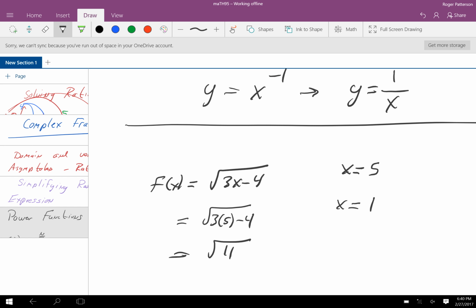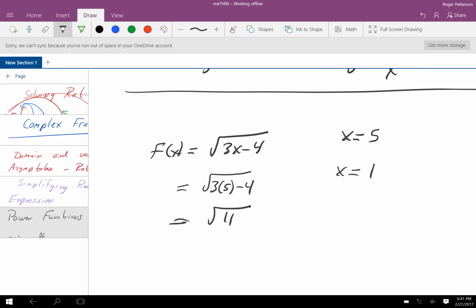So then I would take my calculator, or Desmos, or whatever you're using, and find out what the square root of 11 is. What is the square root of 11? 3 point... Nice, Stephanie. 316. So we got to bump that up to 2 then, right? Because it wants to go to the hundredth. Okay. So that would be that one.